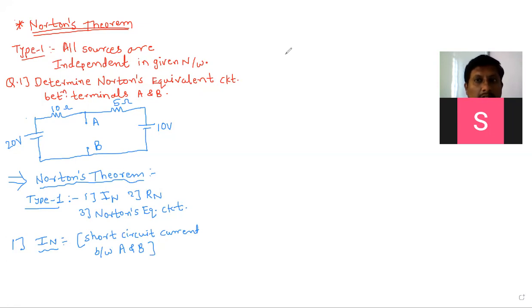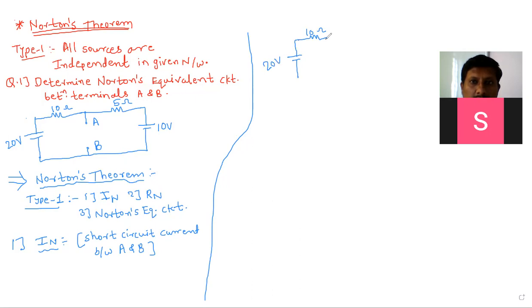For that purpose, I will draw the diagram and short the two terminals A and B. This is the 10 ohm, this is the 20 volt, this I will short, this is the 5 ohm, and this is the 10 volt.